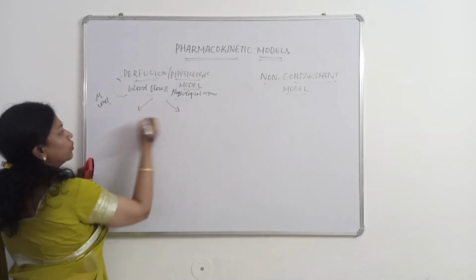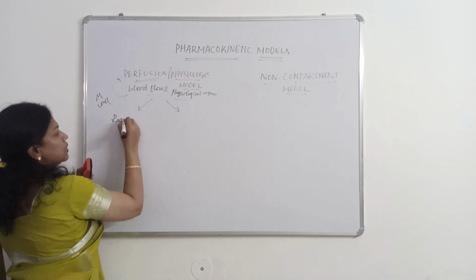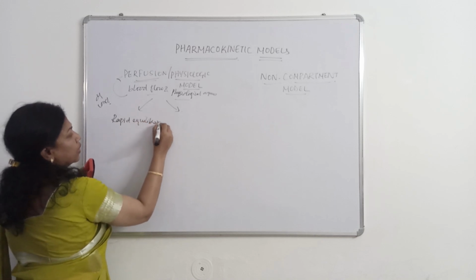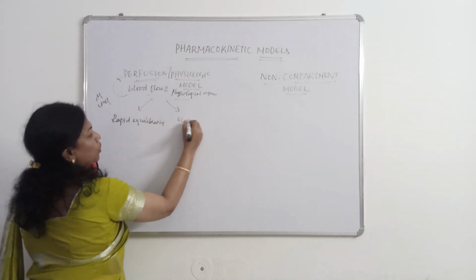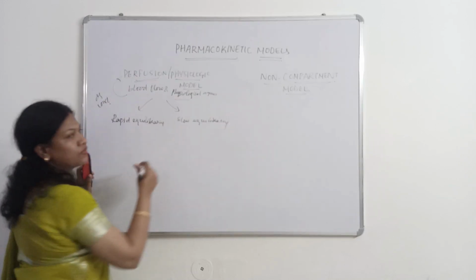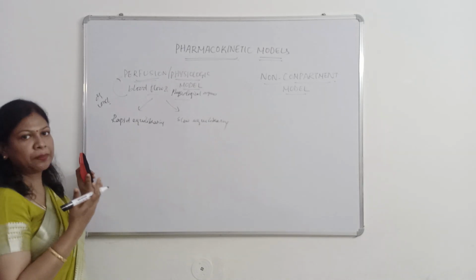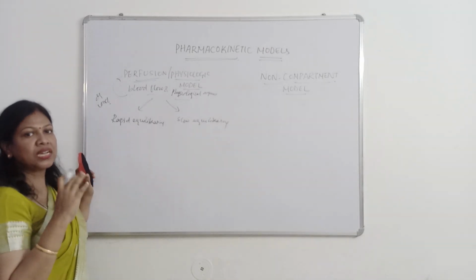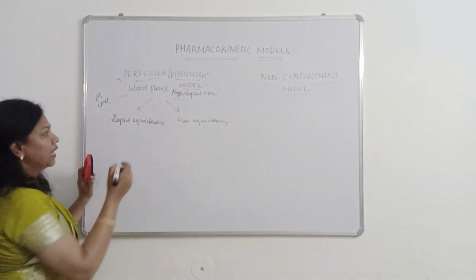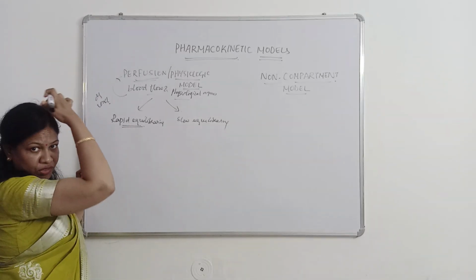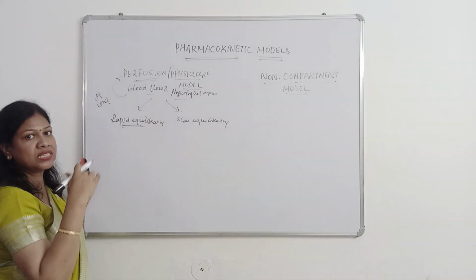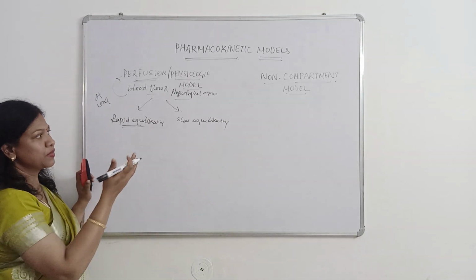Depending upon the blood flow, there are rapid equilibrating organs and slow equilibrating organs. Organs with higher blood flow, mainly the vital organs, have rapid equilibration, so they are considered rapid equilibrating organs. Organs with less blood flow are considered slow equilibrating organs.